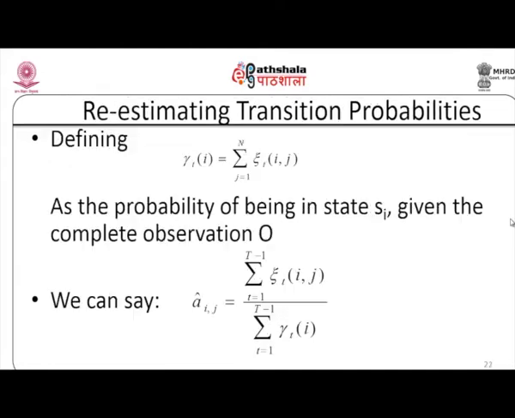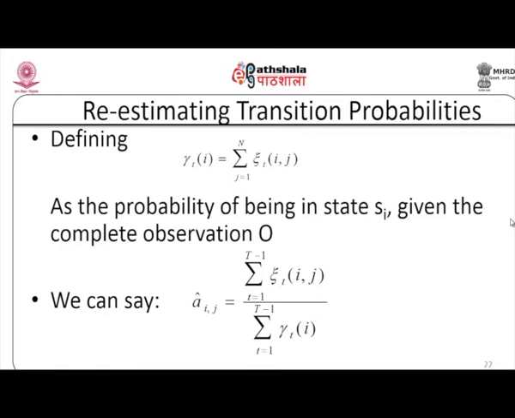Now we can define gamma_t(i) as the sum over j equal to 1 to n of eta_t(i, j), the probability of being in state i given the complete observation O, because to see the complete observation we have to go from one state to the other.